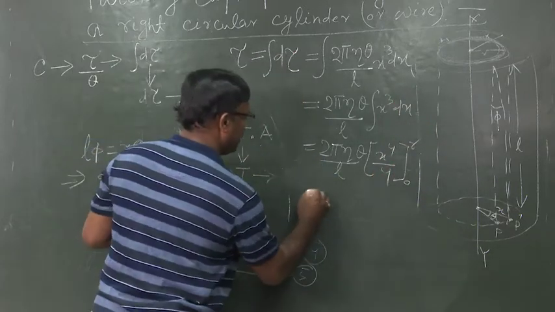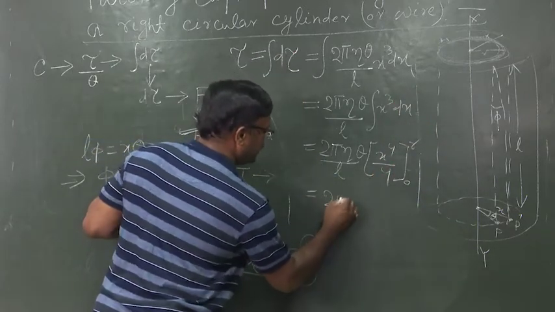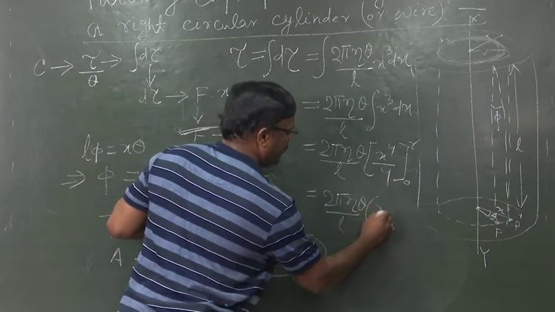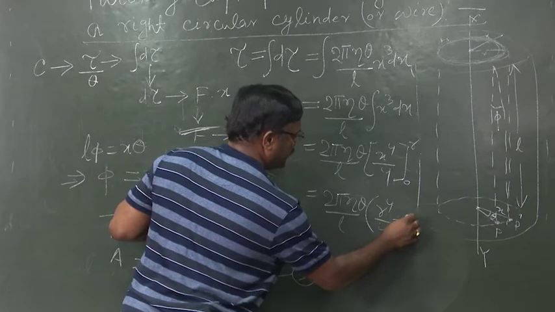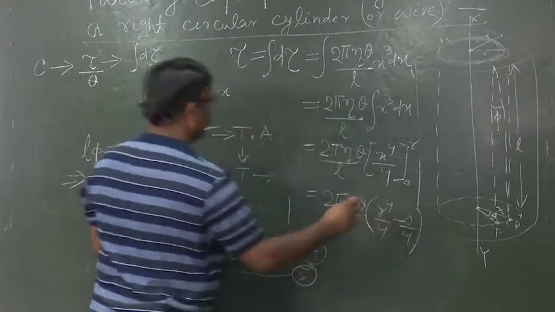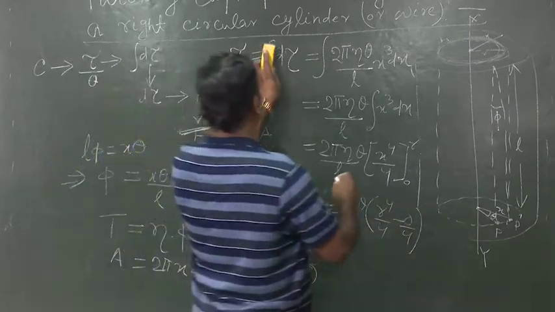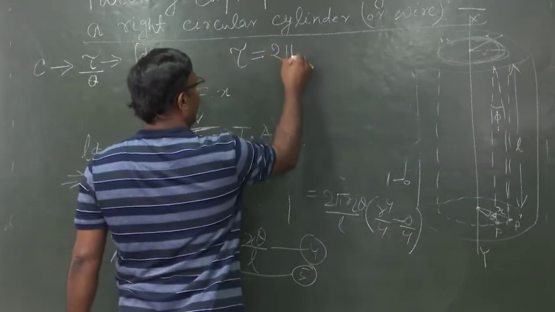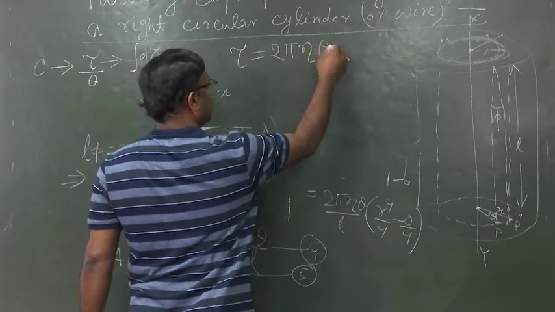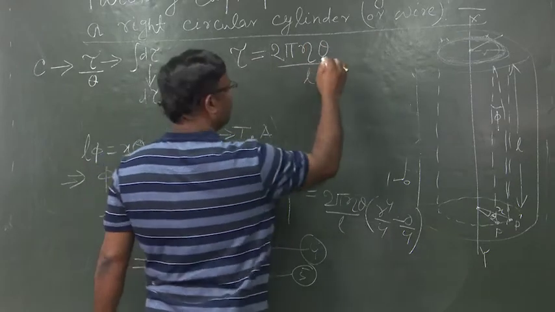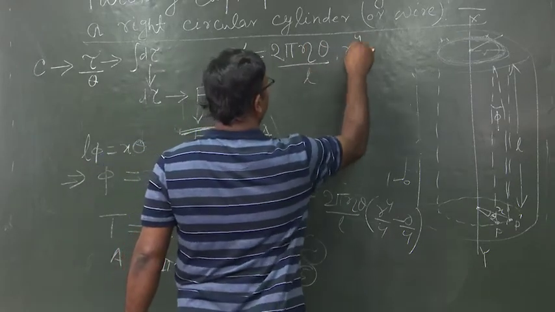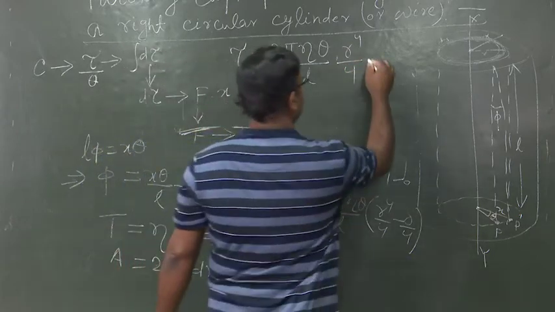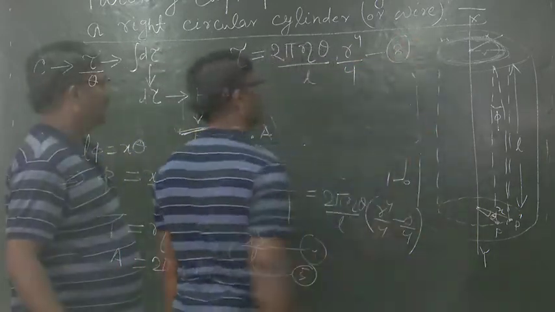So it can be written as 2 pi eta theta by L into r4 by 4 minus 0 by 4. So tau becomes 2 pi eta theta by L into r4 by 4, and this is equation 8.